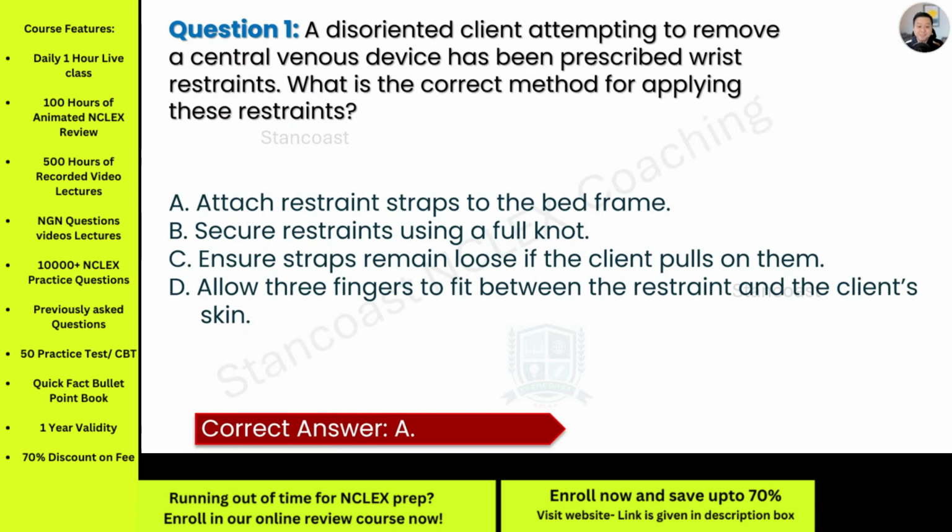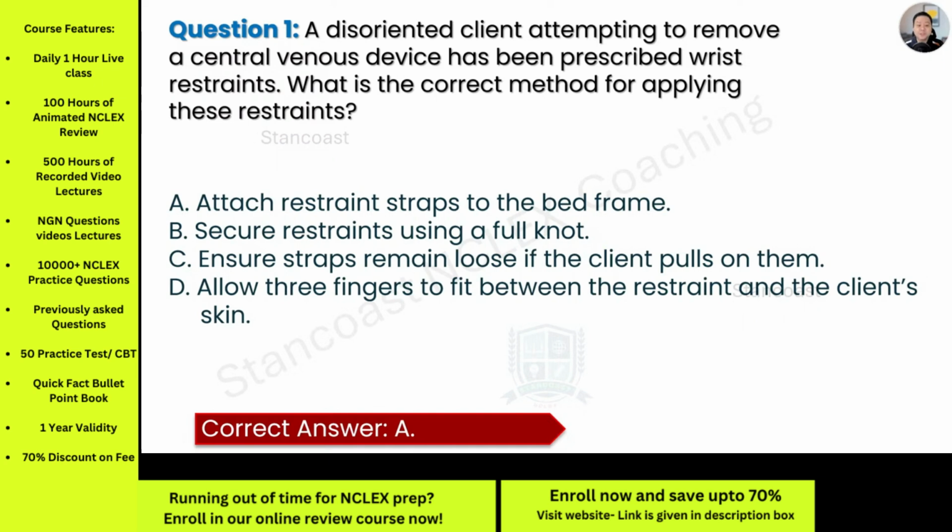For safety reasons, restraint straps should be attached to a stable surface like the bed frame rather than movable parts such as the side rails, which could cause injury. And take note that letter B is incorrect because full knots are not recommended. We need to use a quick release knot such as the half bow, which can allow for rapid removal in emergencies.